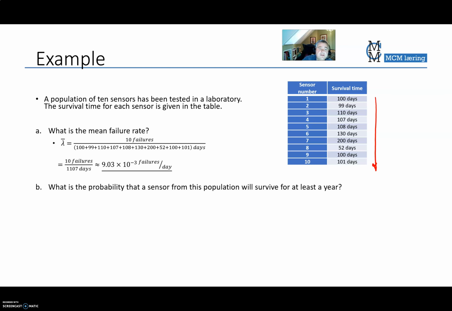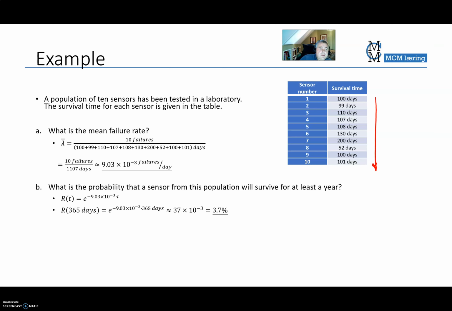Then, the probability that a sensor from this population will survive for at least a year: we have to figure out how many days there are in a year, and we also have to figure out the reliability R, because we are trying to figure out if it's reliable. So R of t is e to the minus lambda times t. That was the equation from the previous page.